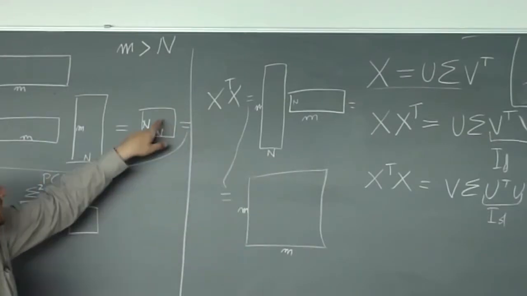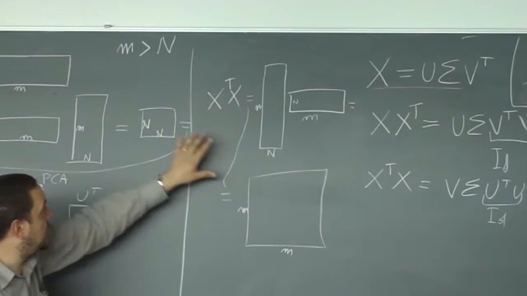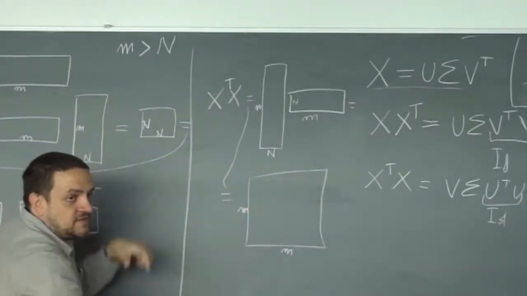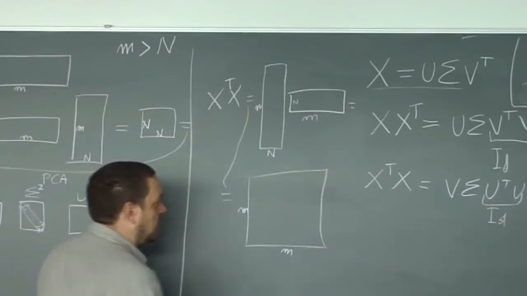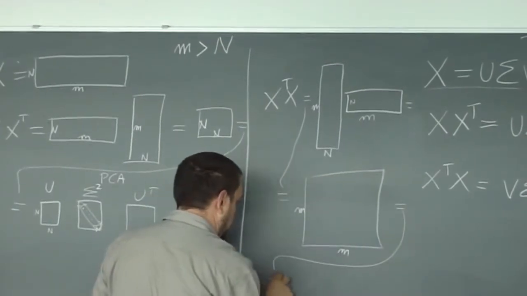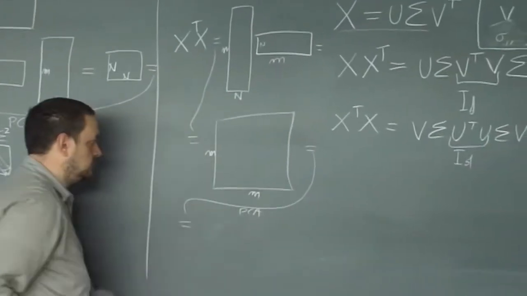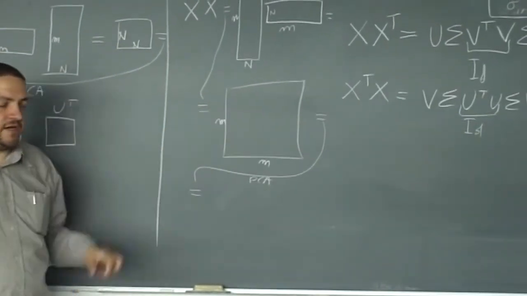This matrix is much larger than this. So at the same stage of the procedure, we get matrices that are significantly different sizes. But now, okay, we make the PCA of this, let's call it covariance matrix.